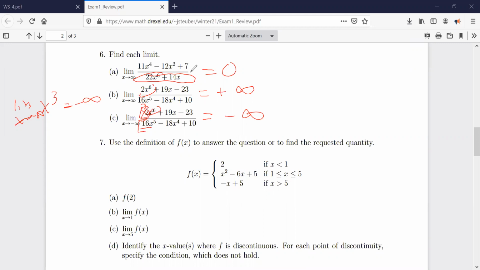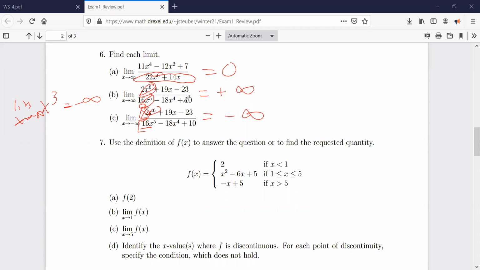But the basic rule, just like how we worked with the limit definition, or just the basic rules of thumb, it's going to be easier to think of, hey, this is bigger power, this is smaller power. The top has a bigger power than the bottom, therefore it's going off to positive or negative infinity, and then I just have to check.